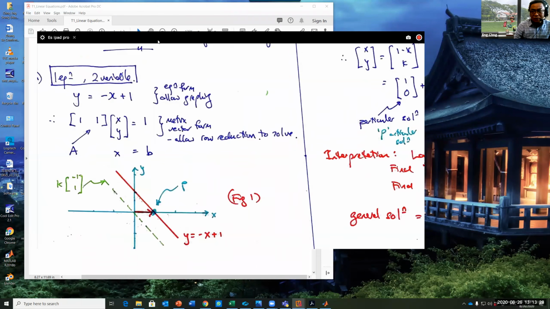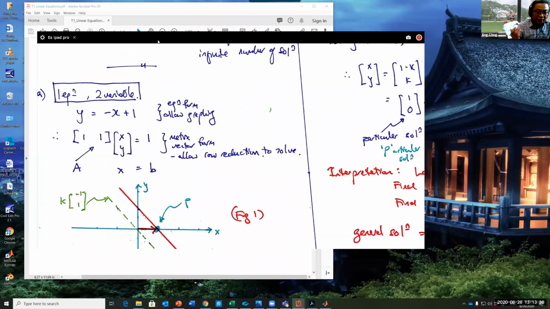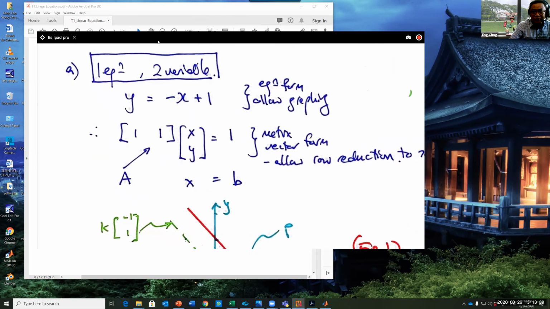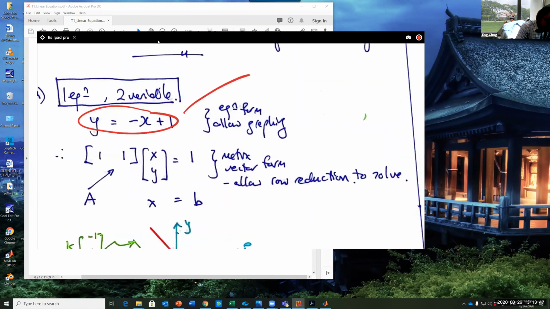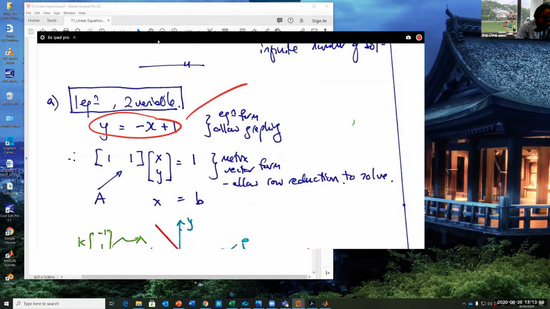Now, every time we ask you, find the solution, find the solution. So what is the solution? The solution is always found in the matrix form. Okay, fine. So now let's go from this equation to the matrix form. So y equals minus x plus 1.